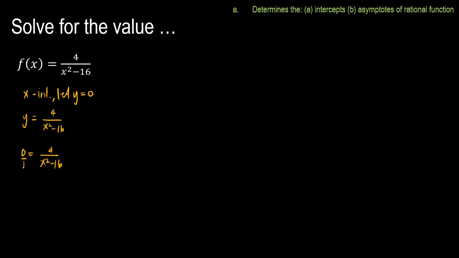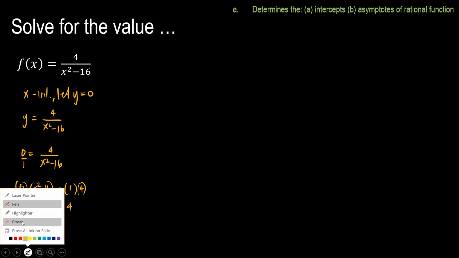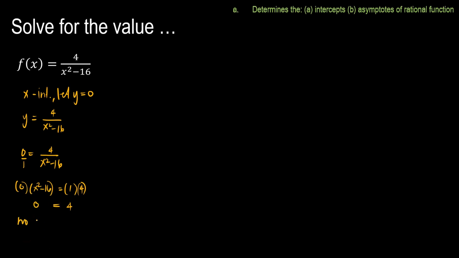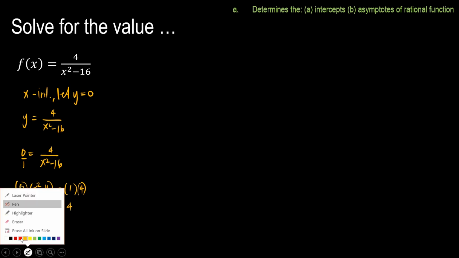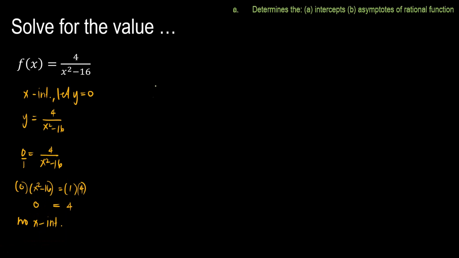Then do the cross multiplication. We will get 0 times x squared minus 16 is equal to 1 times 4. So this one is equal to 0. This one is equal to 4. So again, there is no x-intercept.